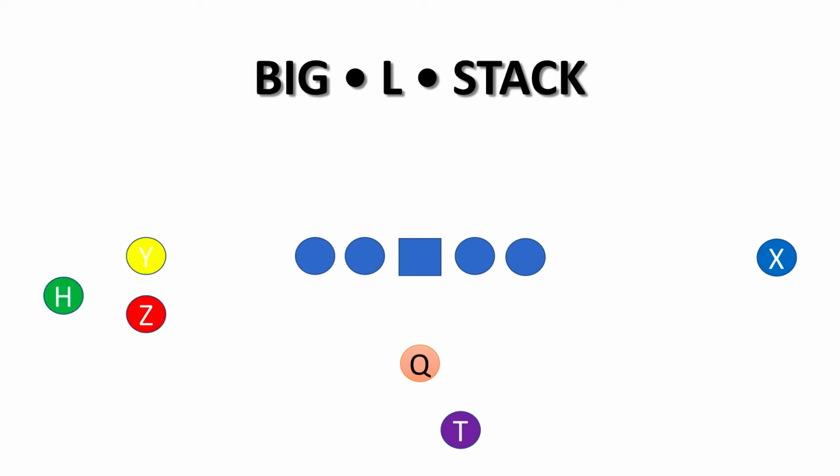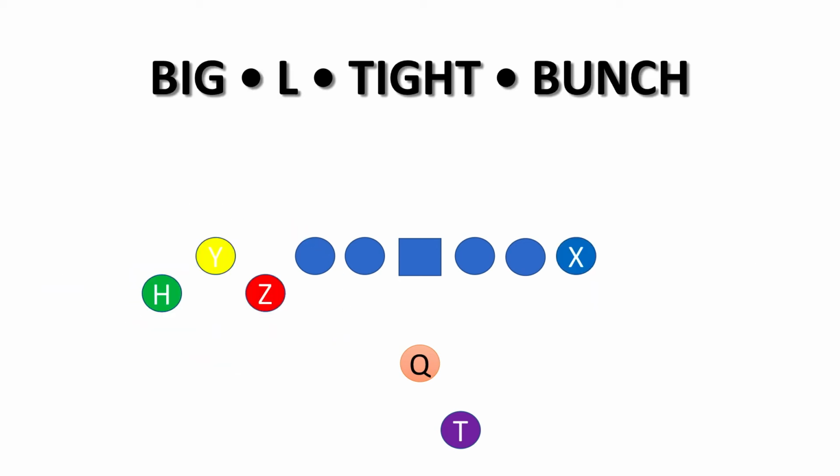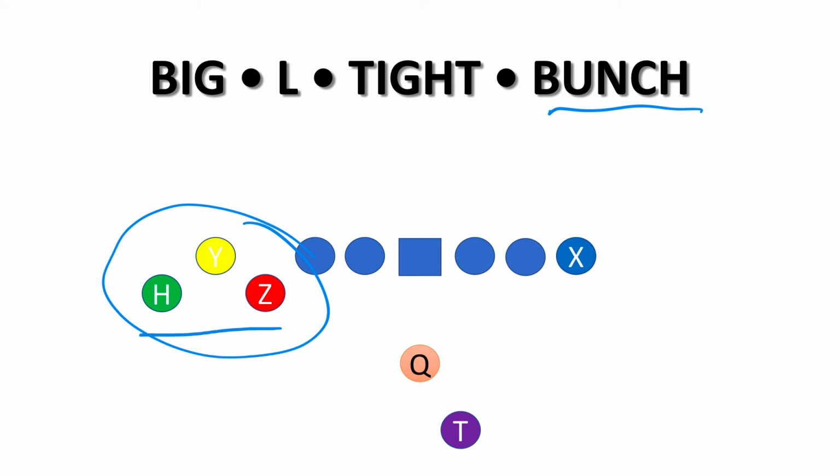So again, you want your Z ideally lined up there, so his outside shoulder is down his midline. Okay, so big left stack. Okay, now we're in big left bunch, 1-yard splits, and tight.